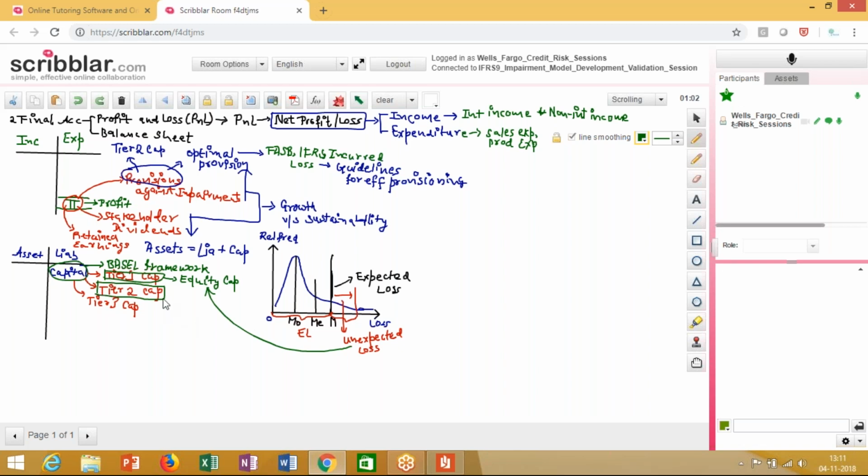The one restriction that tier 2 capital has is that at max, tier 2 capital can be 100% of tier 1 capital.